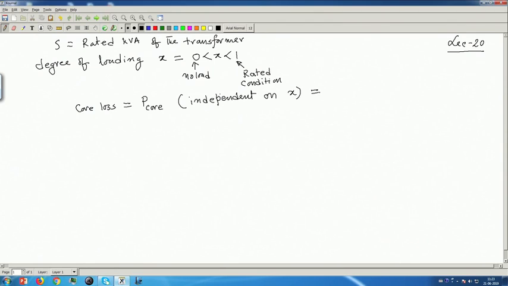That is, it is constant no matter whether no load or full load, and this P core is equal to the wattmeter reading of the no load test.